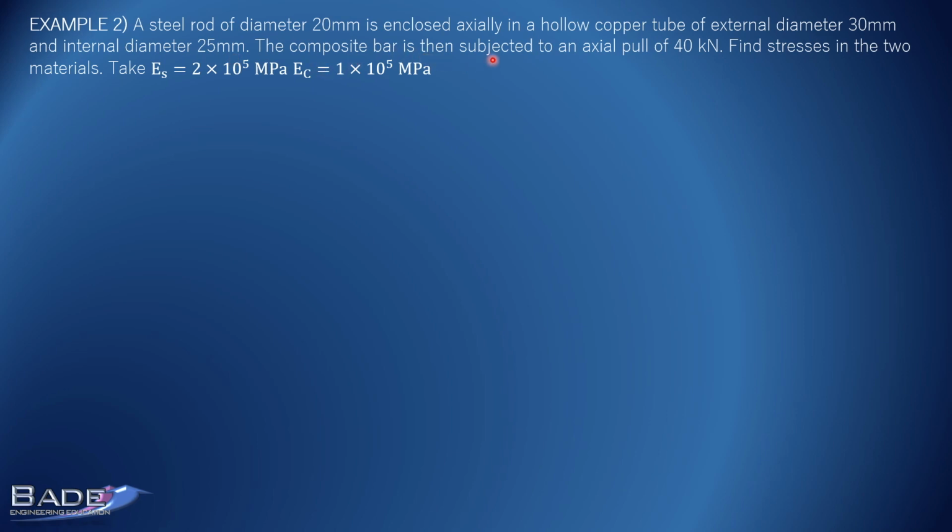The composite bar is then subjected to an axial pull of 40 kN. Find stresses in the two materials. Take Young's modulus of steel as 2 into 10 raised to 5 megapascal and Young's modulus of copper 1 into 10 raised to 5 megapascal.